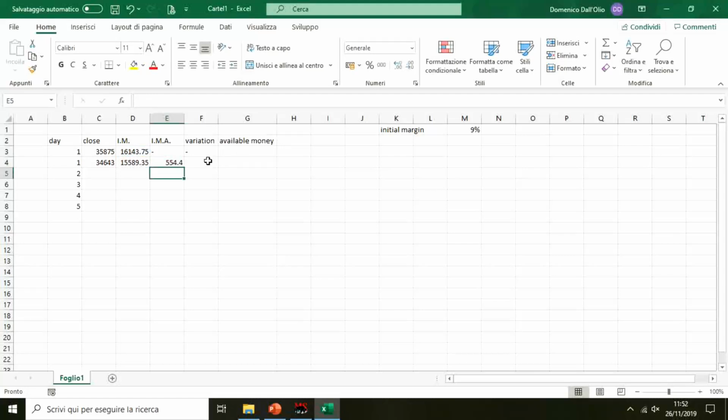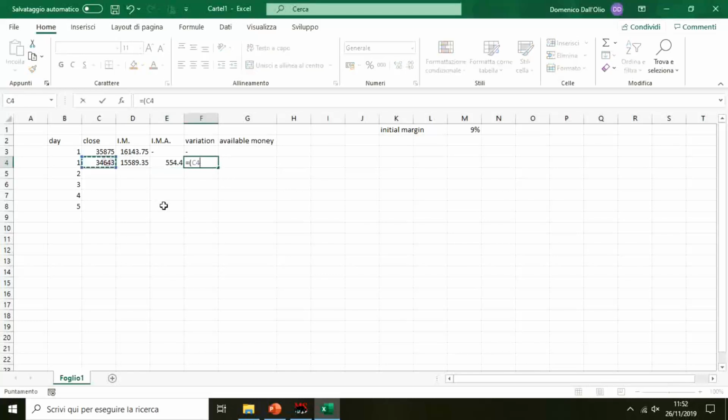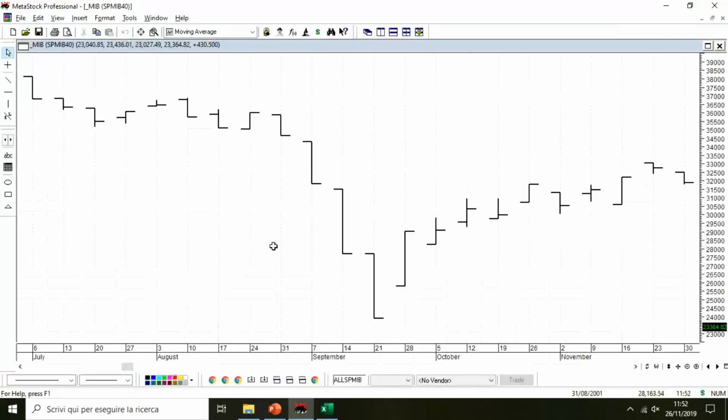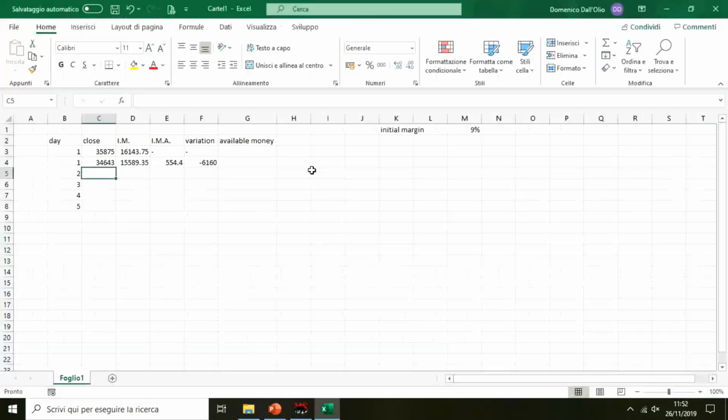But at the same time, I would have had a loss equal to 34,643 minus 35,875 times 5 as variation margin, minus 6,160 euros. Then, day number 2, 31,805.